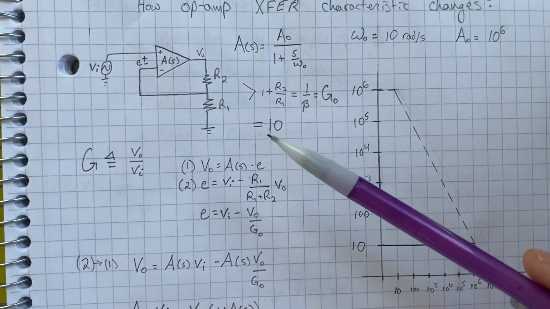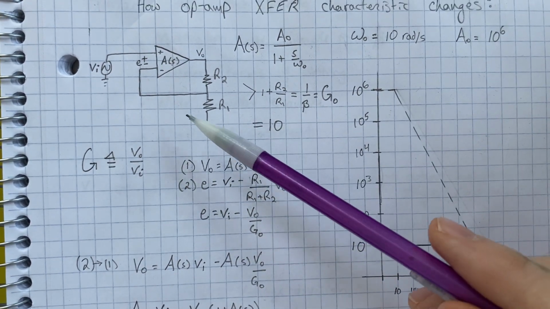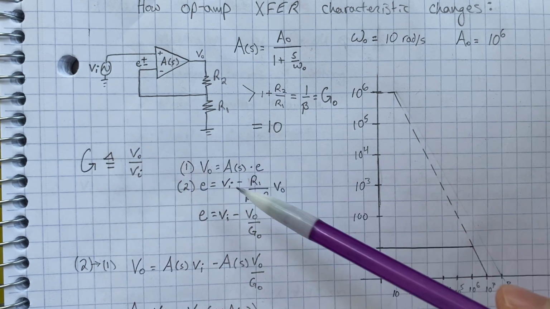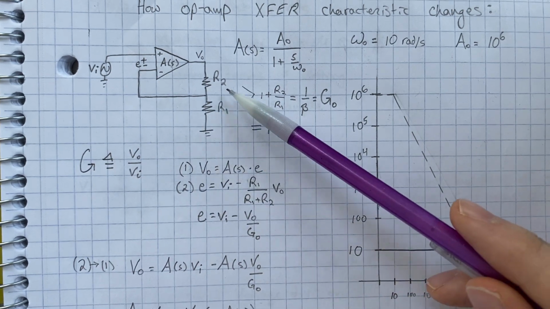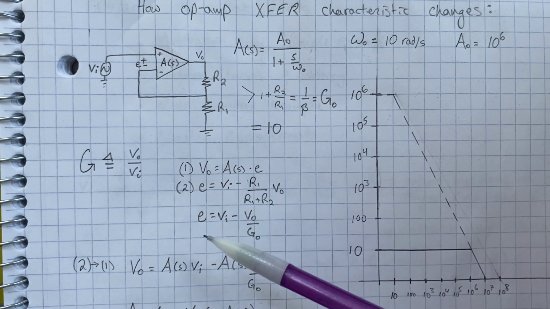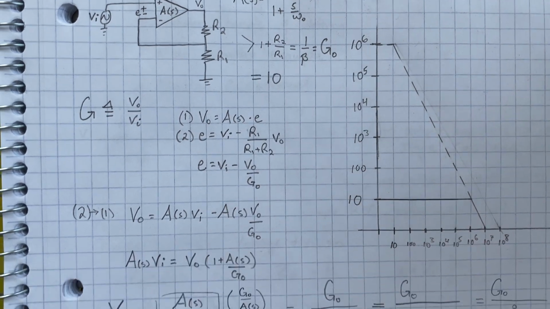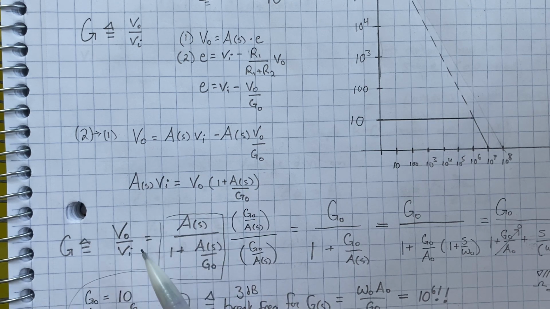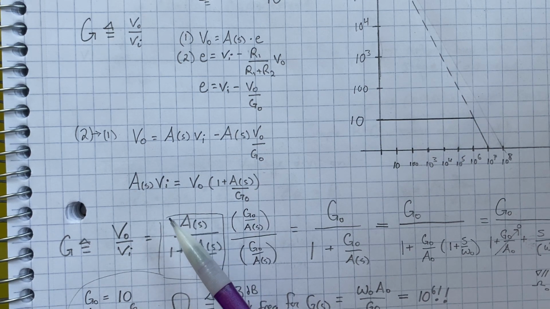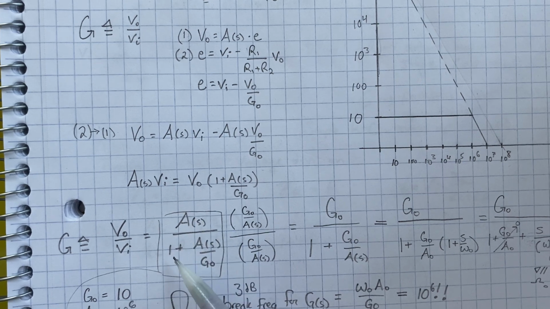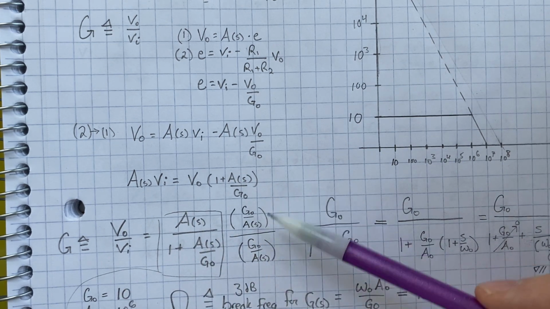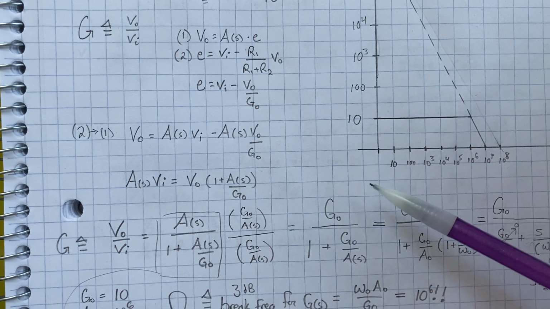So if we look at our equations here, V naught is A of S times E. We have an equation for E, which is V in minus this voltage that we have from voltage division. We can plug them into each other, and we're left with this kind of beast where we have A of S over 1 plus A of S over G naught. If we multiply numerator and denominator by the same thing, we can simplify this.